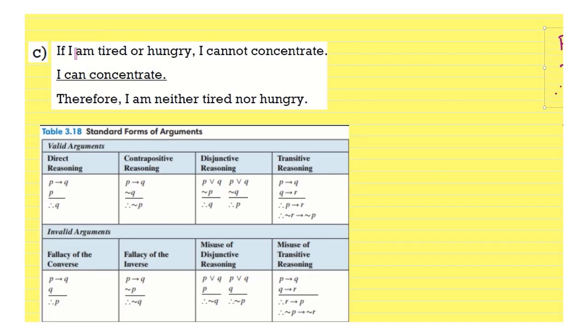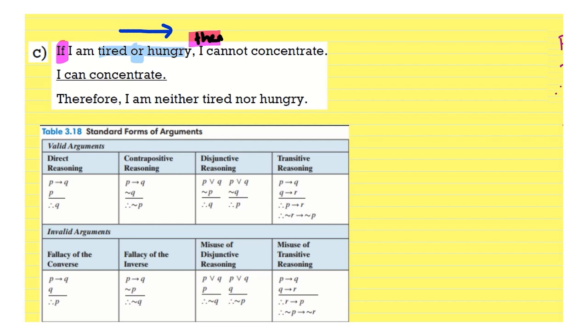Our next set of statements says, if I am tired or hungry, I cannot concentrate. So again, there is an implied then right there. So it's definitely a conditional statement, if then. So for simplicity purposes, we are going to actually ignore the fact that it says or. We're just going to count tired or hungry as a single thing.